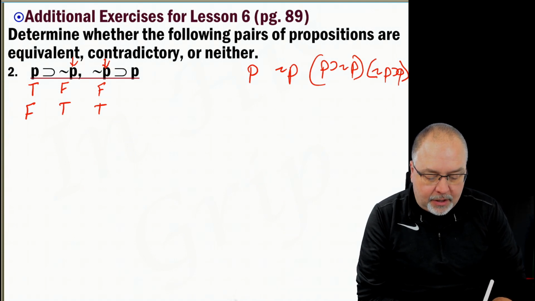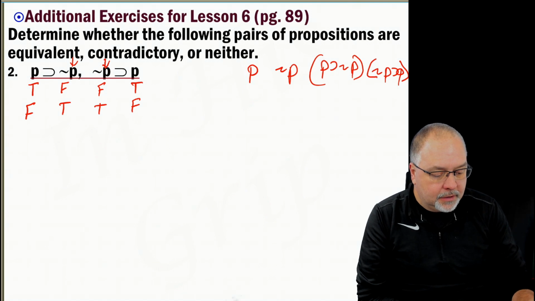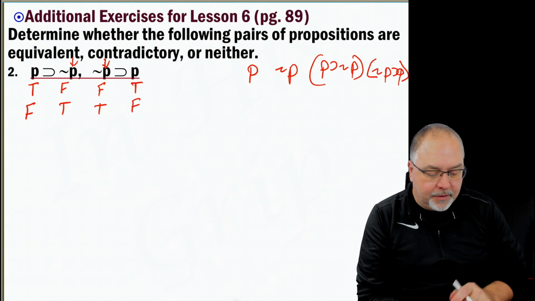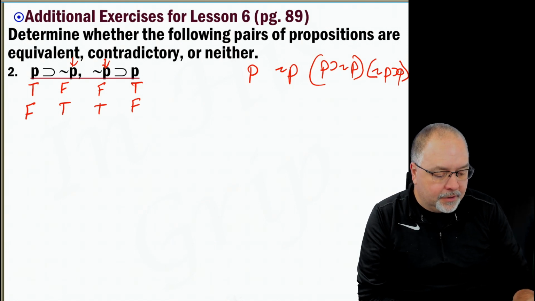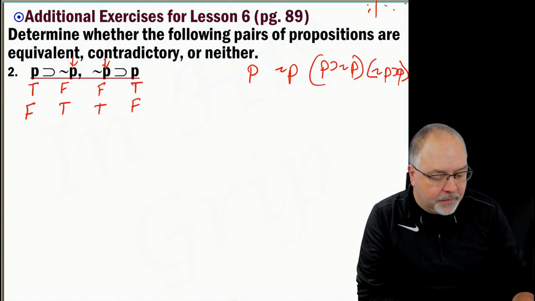And then for P, I'm going to do true, false. Let me go back here. I'm trying to see if I can bring my colors up. There we go. I'm a little out of practice with doing this online.